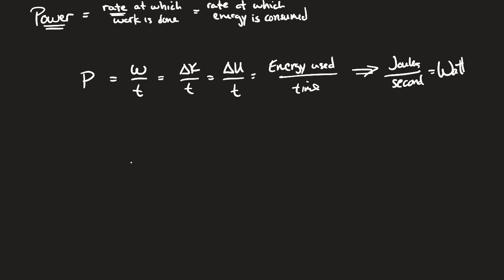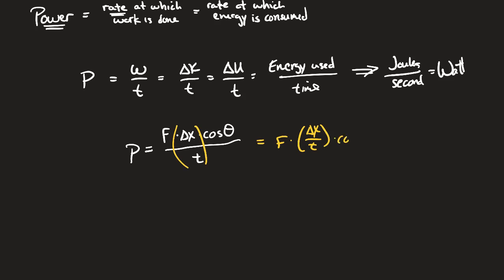I do want you to be smart enough to know that our definition of work allows for flexibility in how we define power. You guys are pretty smart, right? Yes, you are. I can multiply and divide in any order I like. So if I decide to multiply and divide in this order, I would get force times delta x over t times the cosine of the angle.